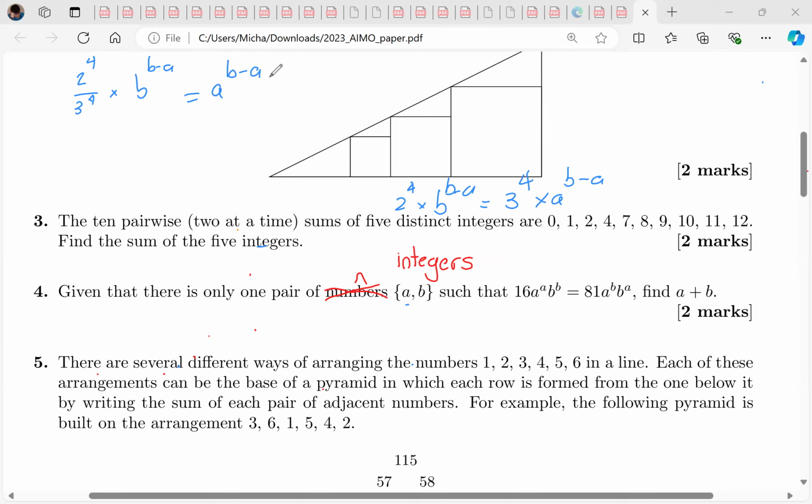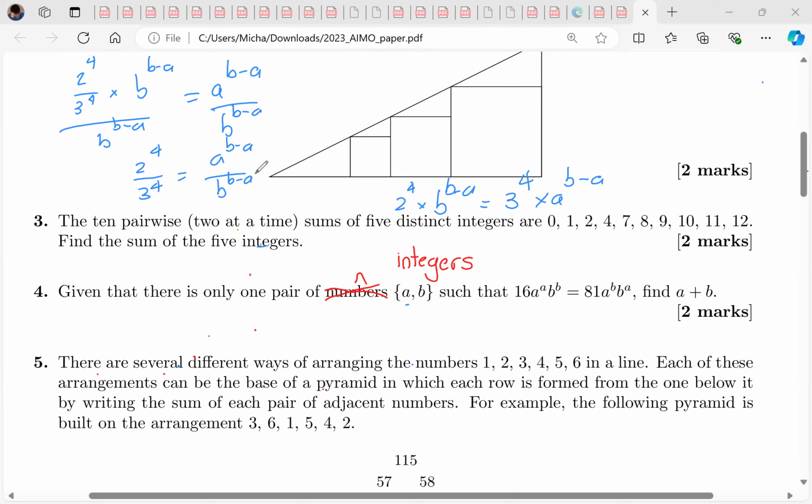Do we see this? Then you divide by b to the b minus a, and you do b to the b minus a, and this is divided by b to the b minus a, and you get 2 to the 4 on 3 to the 4 is equal to a to the b minus a on b to the b minus a.